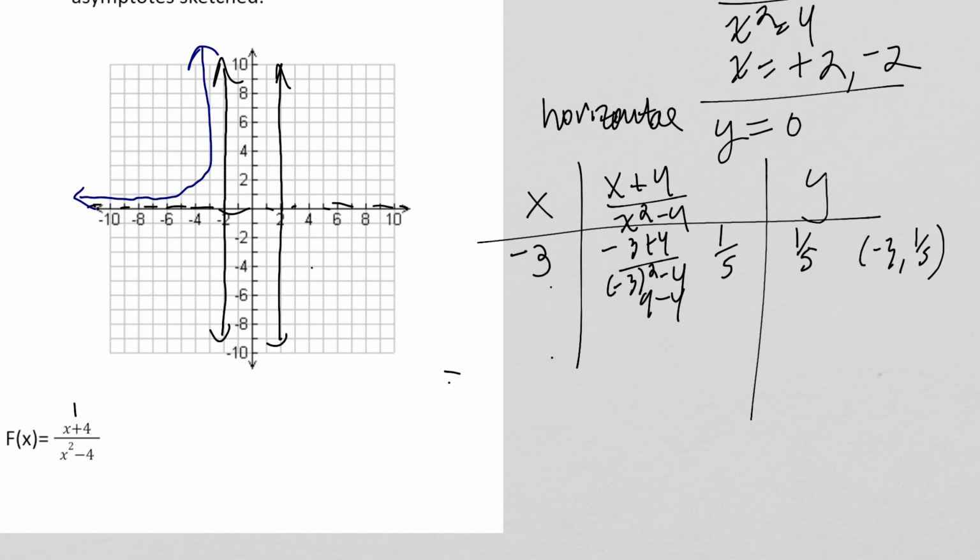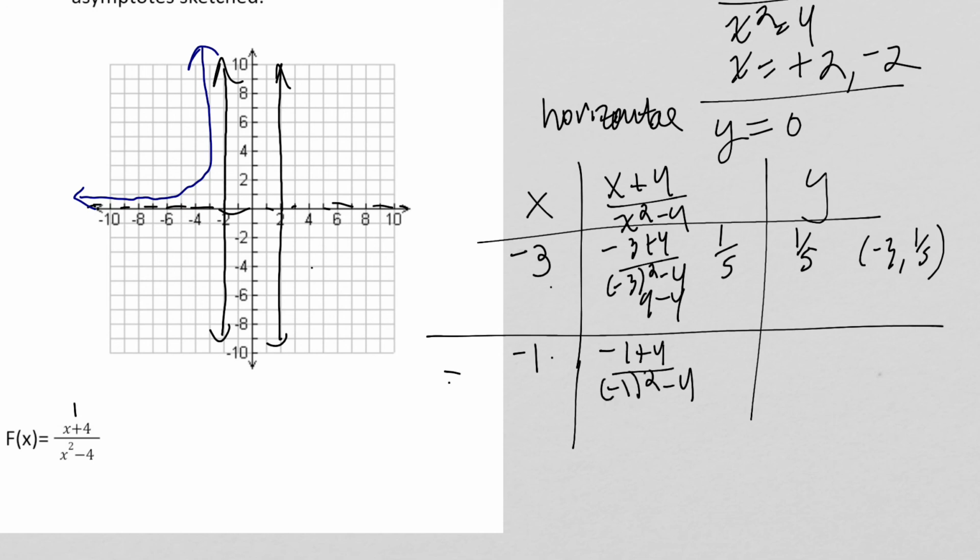All right, let's choose now in the middle. Okay, choose negative 1. Negative 1 plus 4 over negative 1 squared minus 4. That's 3 over negative 3, so that's a negative 1. So I'm going to be plotting negative 1, negative 1.